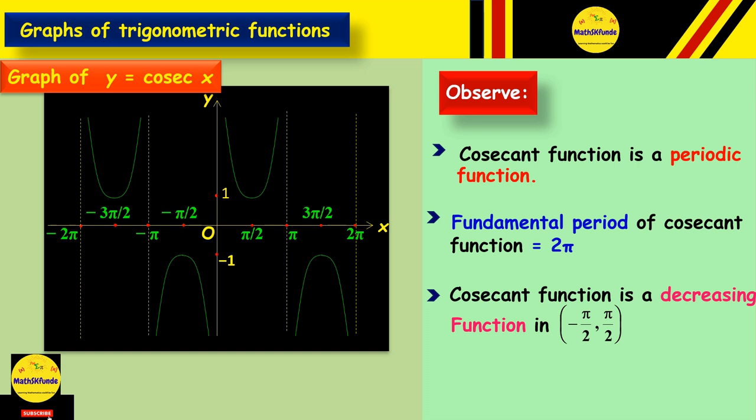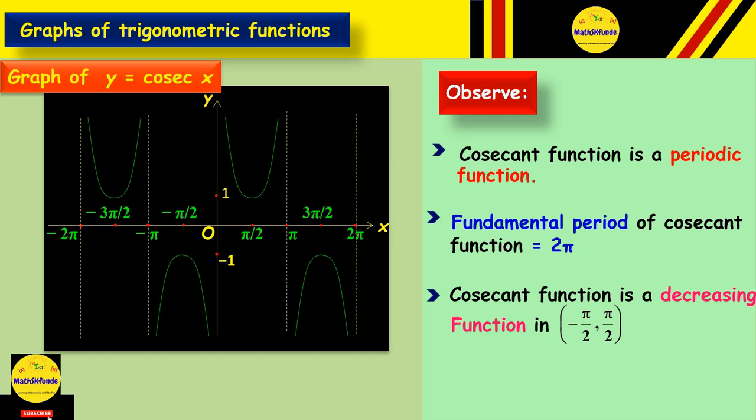Now also try to see if the function is decreasing or increasing anywhere. I observe that between minus pi by 2 and pi by 2, the function is decreasing. When you move from say minus pi by 2 to 0, the graph is going down. So it is decreasing here, and between 0 and pi by 2, the graph is again coming down. So this is also decreasing. So in minus pi by 2 to pi by 2, I can say that the graph is decreasing.